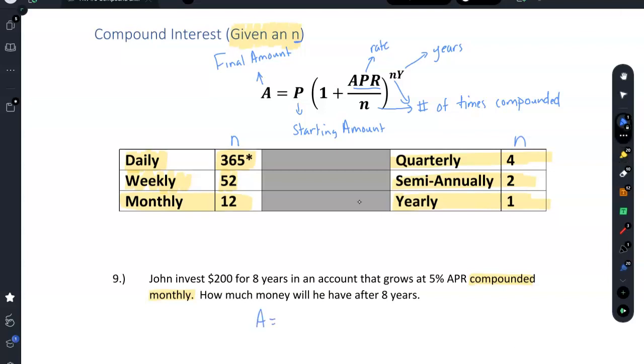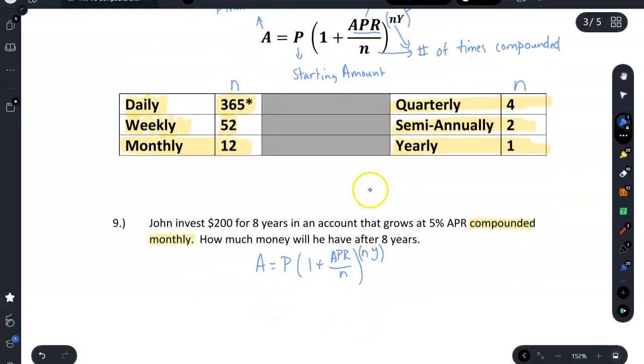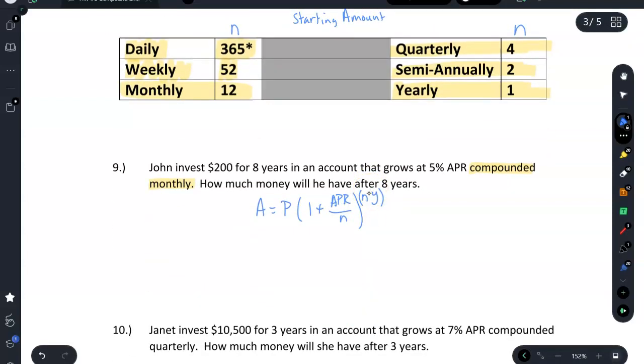So I want to write it down. A equals P times (1 plus APR over n) raised to the n times y, right? And some people will put that ny in parentheses, and depending on which calculator you have, I suggest that you go ahead and put it in parentheses. It can't hurt to put it in parentheses, even if it's not necessary, depending on your calculator. So let's go ahead and start filling this in.